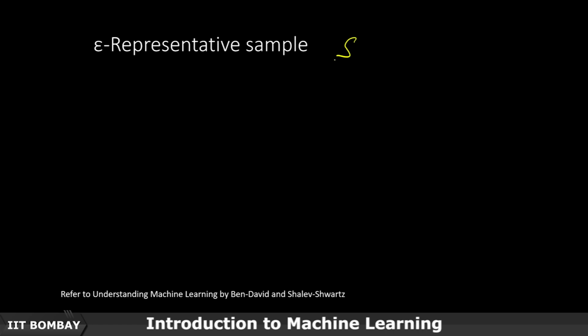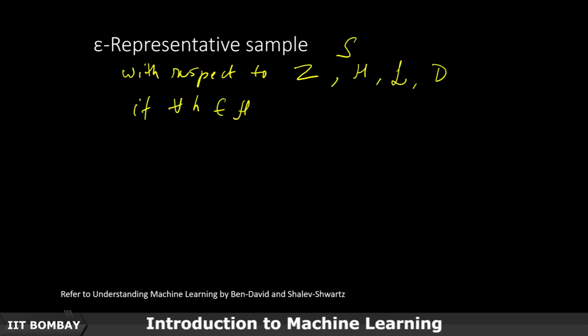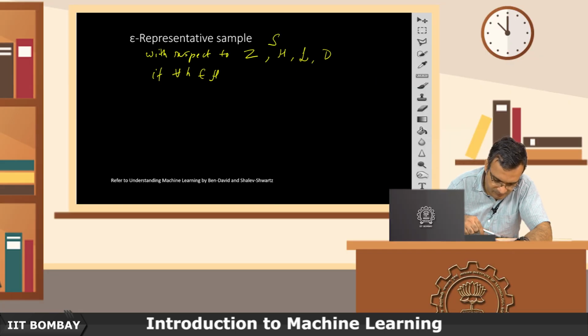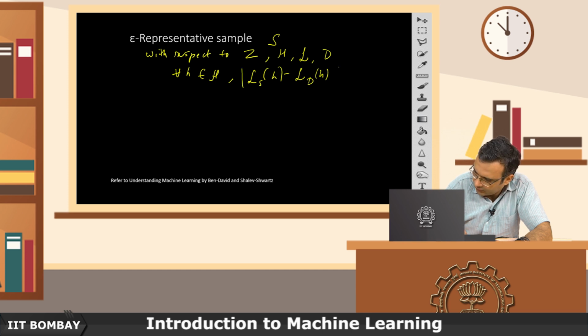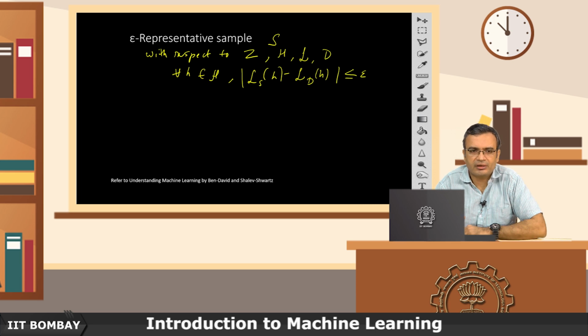Let's call it S, with respect to this domain Z, which is basically a combination of X and Y, the hypothesis class H, some loss small l and capital L rather, and the distribution D, such that for all h belonging to H, the LS of h minus LD of h is less than or equal to epsilon. If we can guarantee this, then it is an epsilon representative sample.